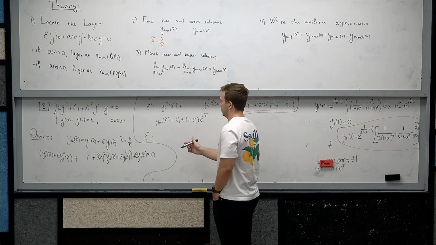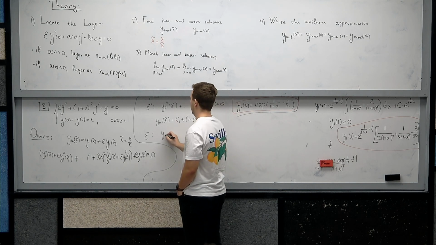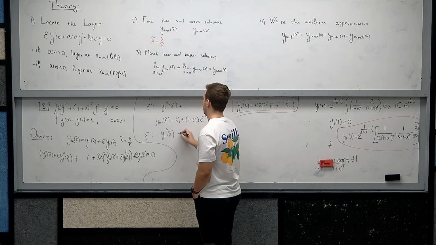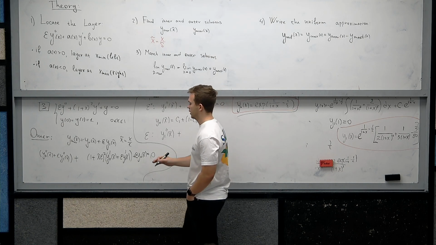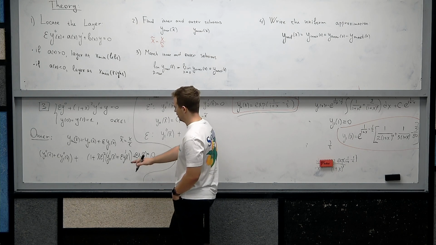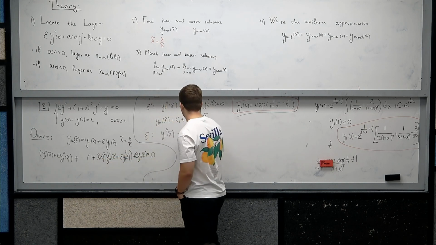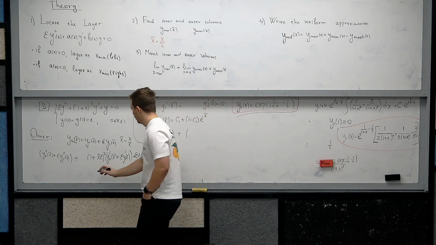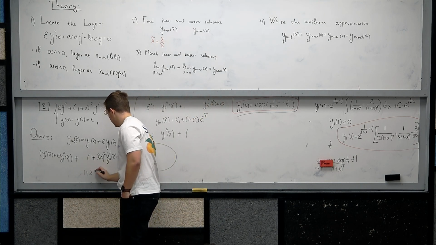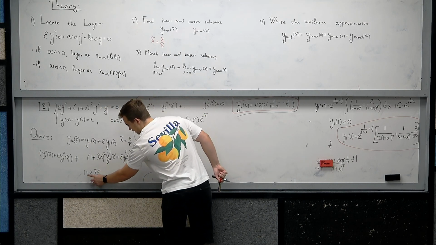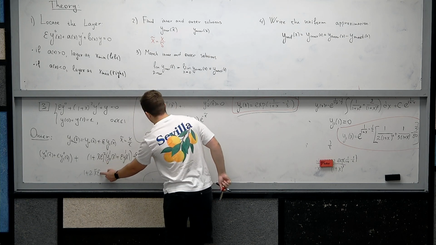For the next order correction, we have y1 double prime of x tilde, then plus, and here we should be careful, 1 plus, because let's expand this. It will be 1 plus 1 plus 2 x tilde epsilon. So, when we multiply this by this, we have epsilon.